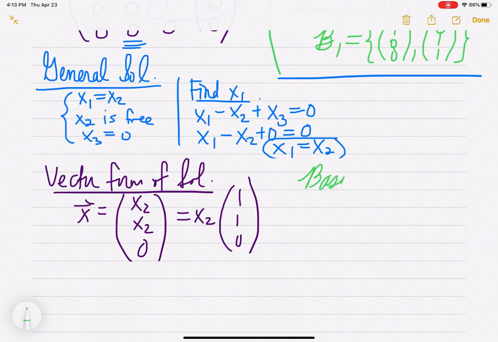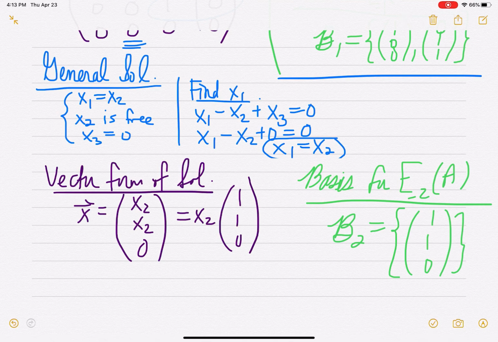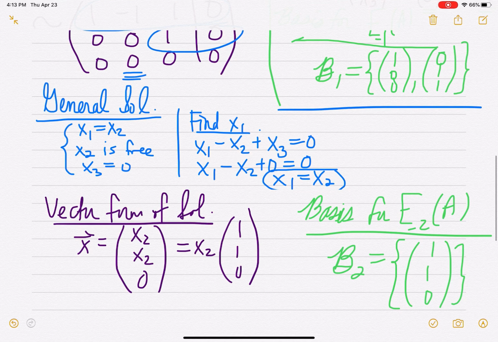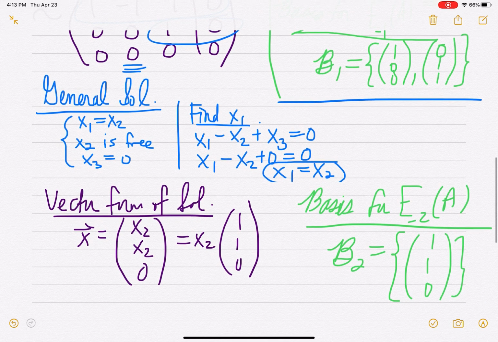So the basis for the eigenspace associated with negative 2 of A, I'll call it B2 for basis 2, is going to have this vector 1, 1, 0. So all eigenvectors corresponding to negative 2 can be built from that single eigenvector. I'm just taking scalar multiples of it.